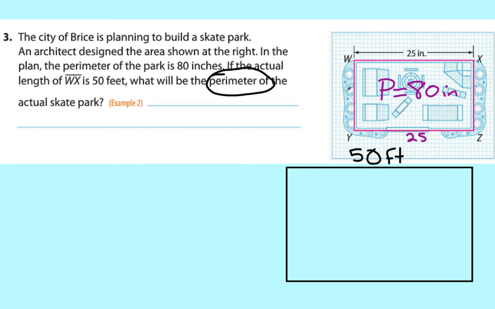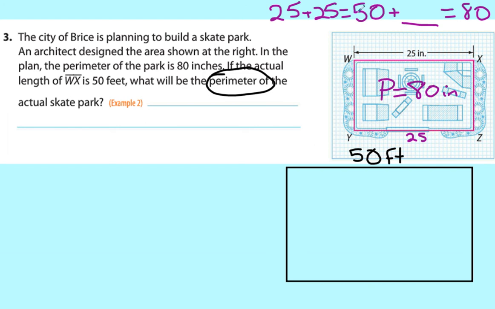And we also know that all 4 sides have to add up to 80. So if we consider the 2 sides we already have, we know 25 plus 25 is 50, right? Plus these other 2 sides, which we don't know yet, has to add up to 80.